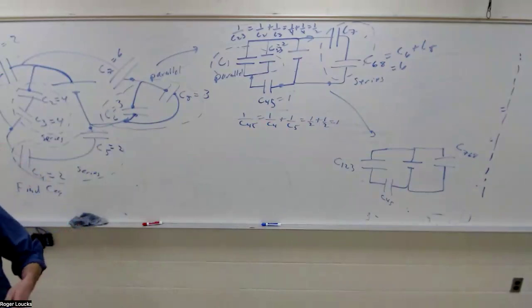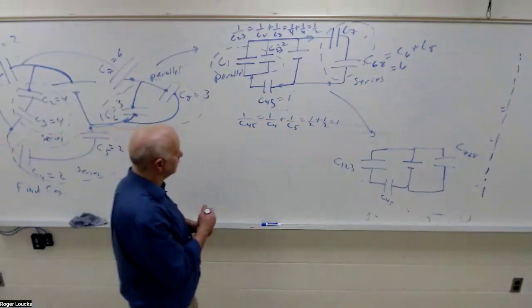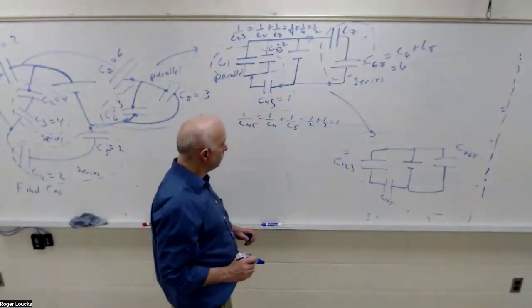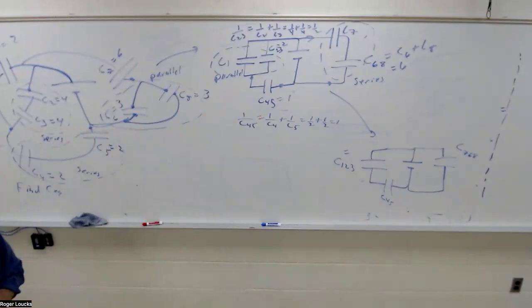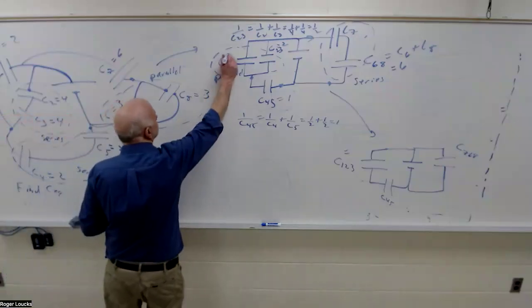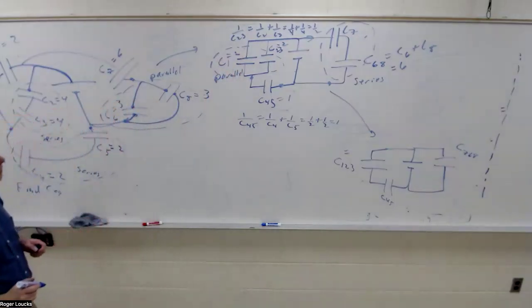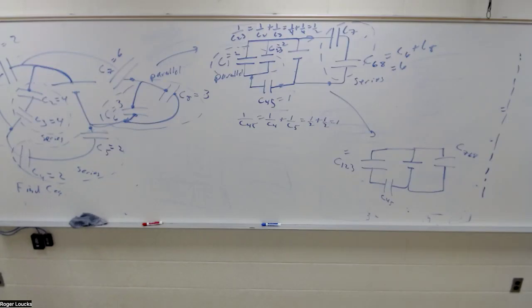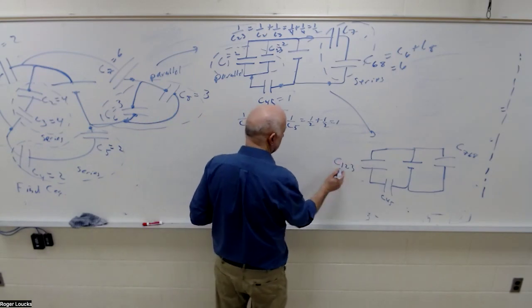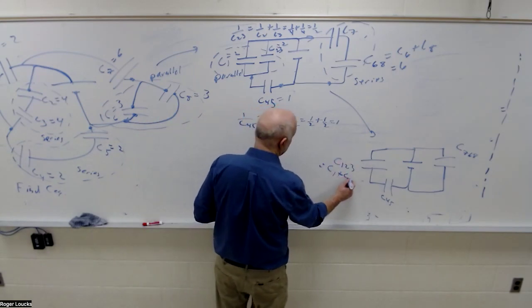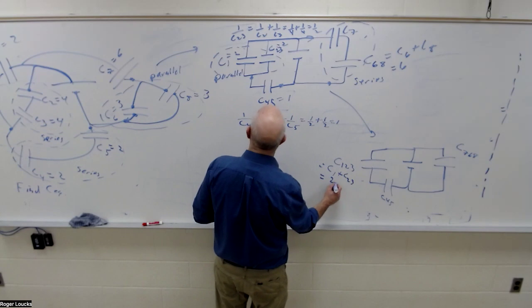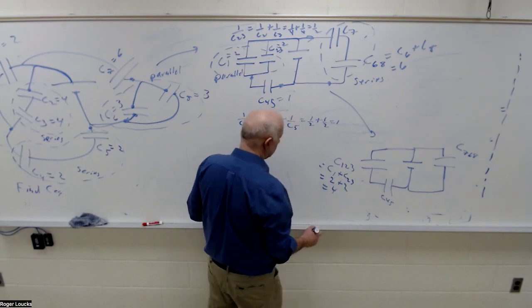Let's do this again. Anything obviously in series or obviously in parallel? Well, actually, let's get some numbers here. Tell me about C23, frequently called C123. This is 2. Yeah, they add. So this guy here is going to be C1 plus C23. So this is 2 and 2, so this is 4.